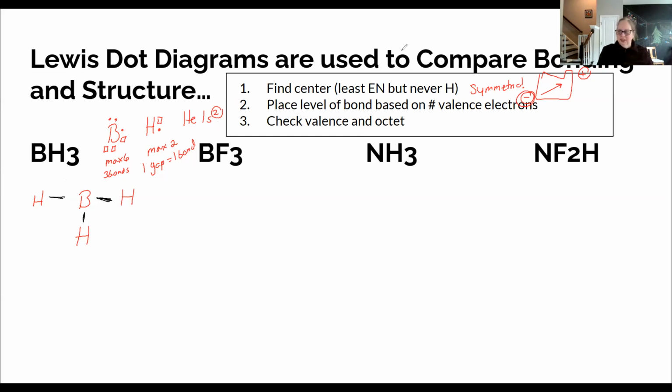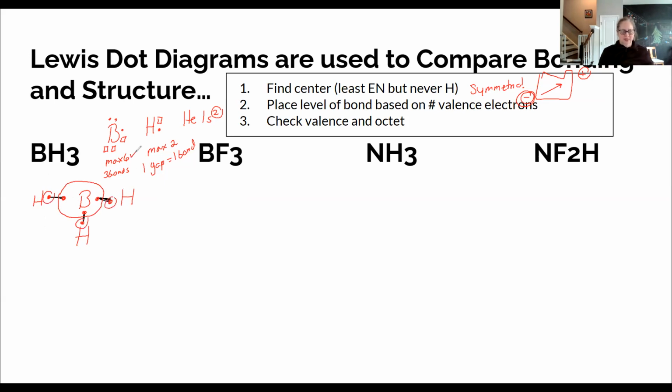How many electrons is that? So a single bond has 2 electrons in it. You're not going to see it like this on a test anywhere, but I call these the dumbbells to draw in. It's making sure we get the right total. So boron has 3 electrons from its valence, 4, 5, 6.